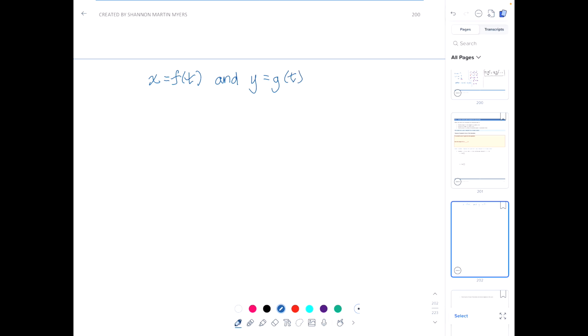So if we're thinking about the slope of our curve C at x comma y, you start out with thinking about dy dx. But let's just take a look. What is this? This is d dx of y.